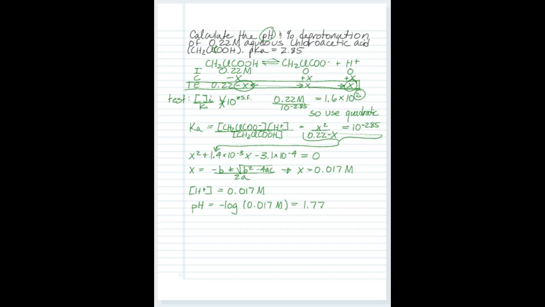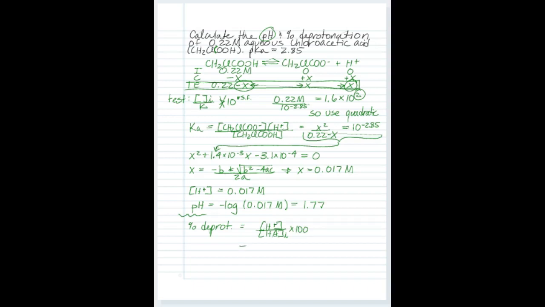Now it asks for the percent deprotonation, and so all percent is our concentration of H plus over the concentration of the original HA in our initial solution. Okay, and so this is just a representation of what fraction of those initial HAs deprotonated into H+. So that's times 100 since it's a percent.